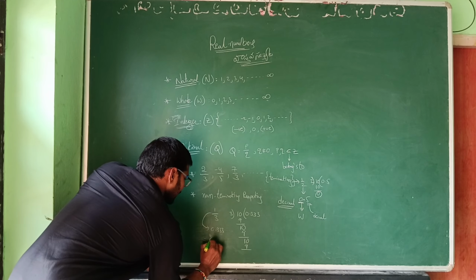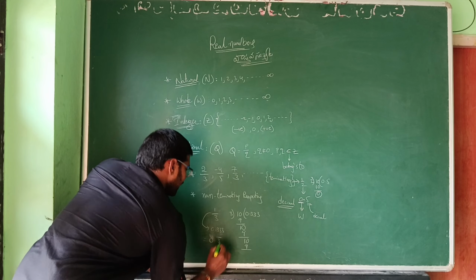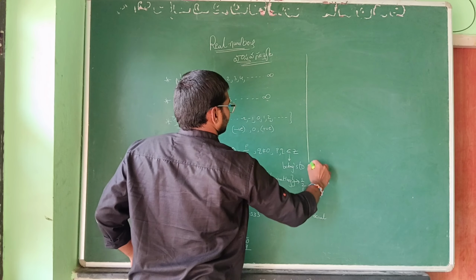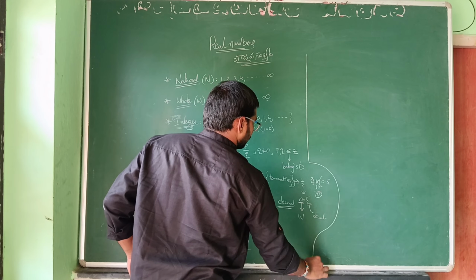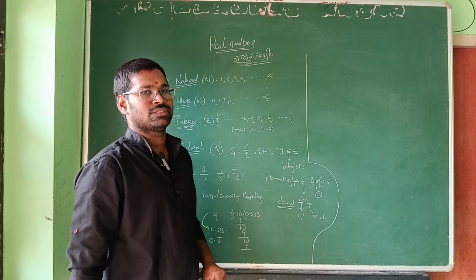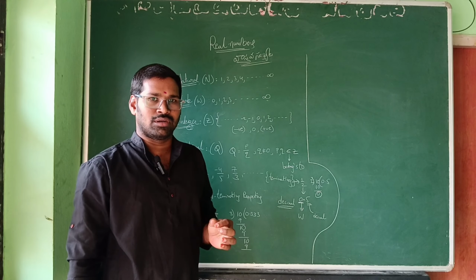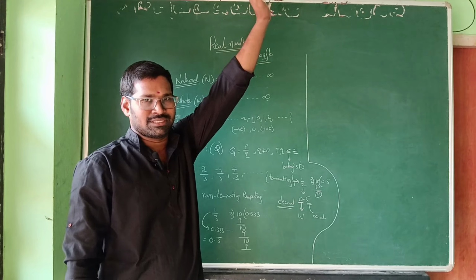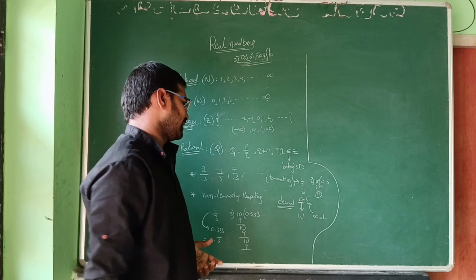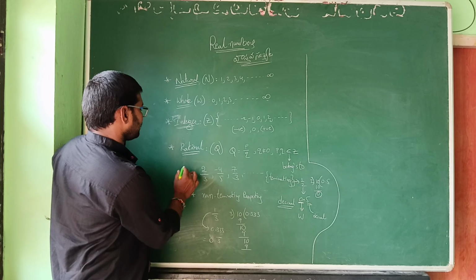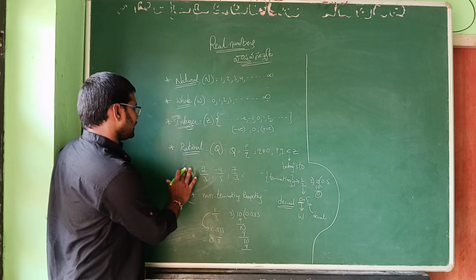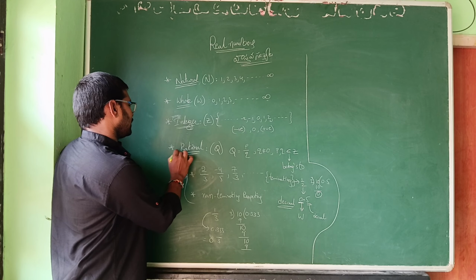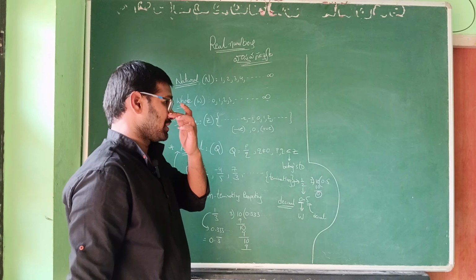This we can write as 0.3 bar. When the remainder is not 0, it is called non-terminating repeating decimals. The terminating decimals and non-terminating repeating decimals both are rational numbers only.